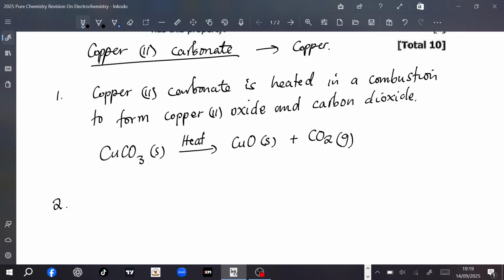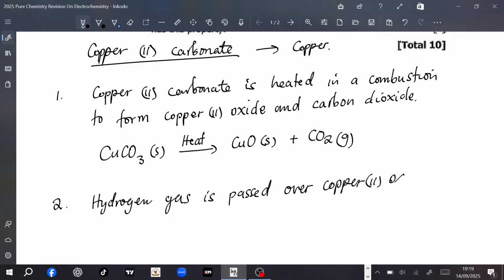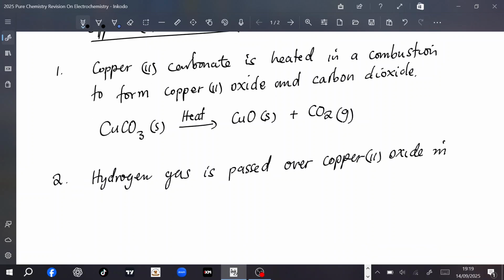So we can say that hydrogen gas is passed over copper 2 oxide in the combustion tube.